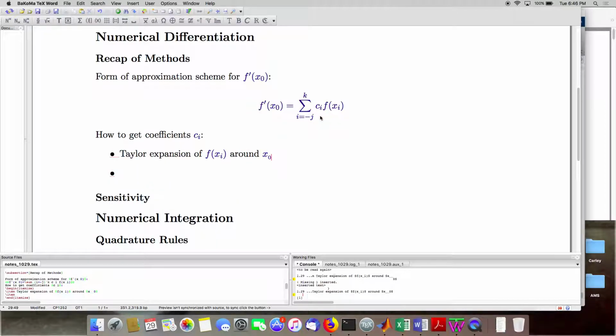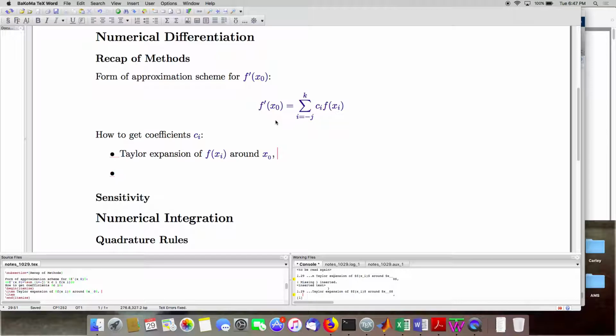So each one of these is Taylor expanded around x naught, which is the center of that Taylor expansion. So what happens is you'll get a bunch of terms that have f of x naught, f prime of x naught, f double prime of x naught, and so on.